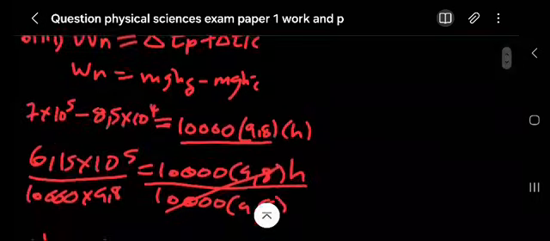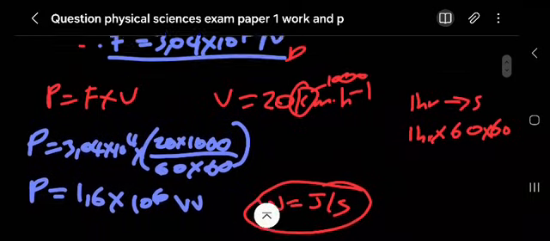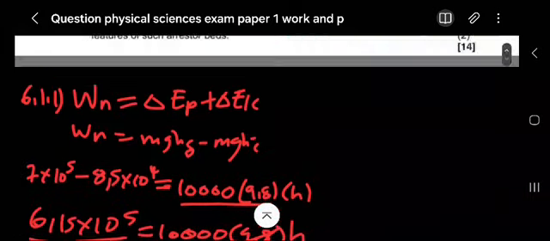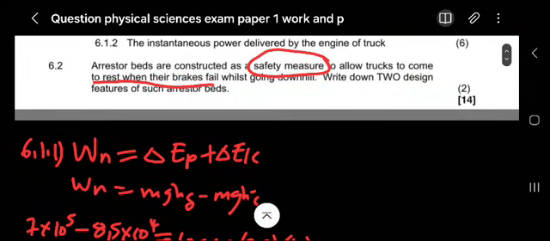For that to be safe, I can say, okay, they ask us how to design arrestor beds.